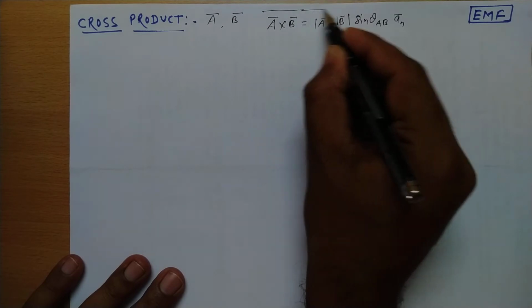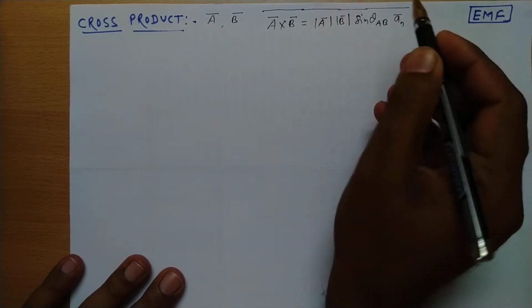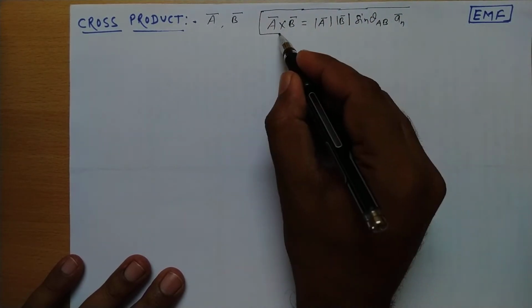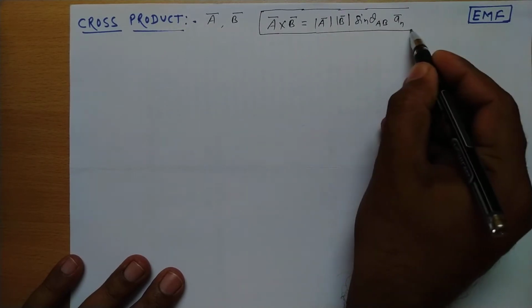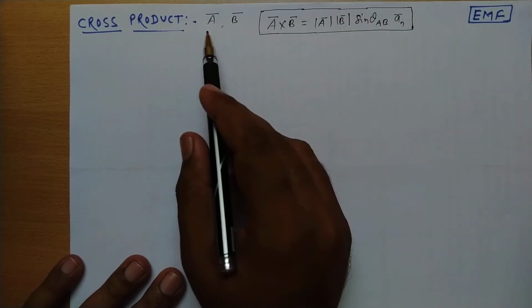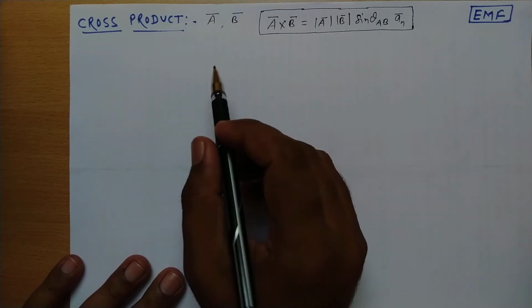So this is the standard format of the cross product of the two vectors, right? Here this is the vector A and this is the vector B.